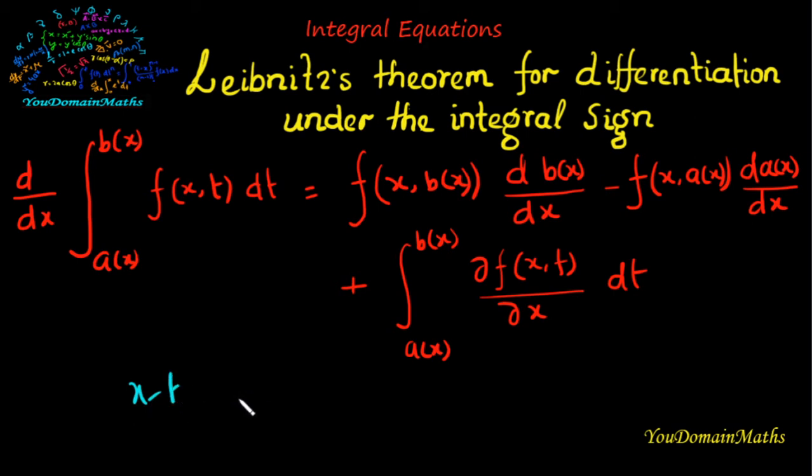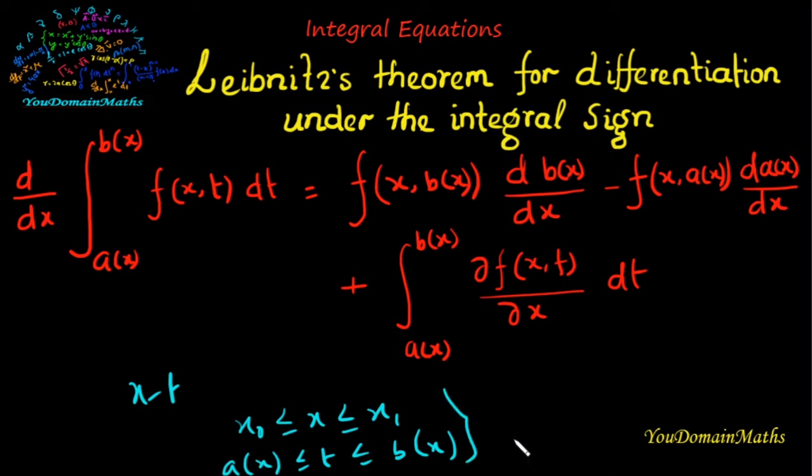This domain is defined by the two intervals x naught less than or equal to x less than or equal to x1, and a of x less than or equal to t less than or equal to b of x. These two intervals make a rectangle in the xt plane.